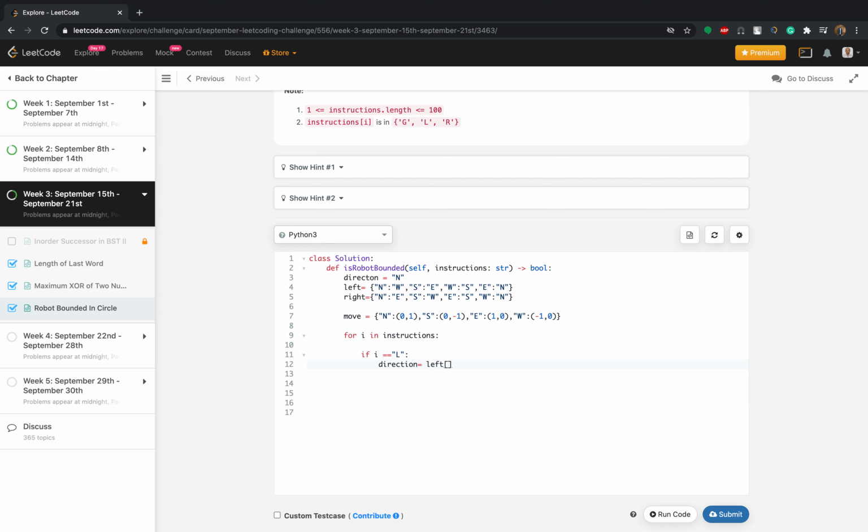If i equals R, then your direction is the right of direction. Else, the position will move in whichever direction it currently is.